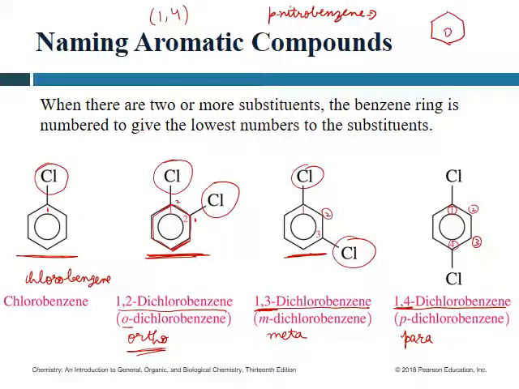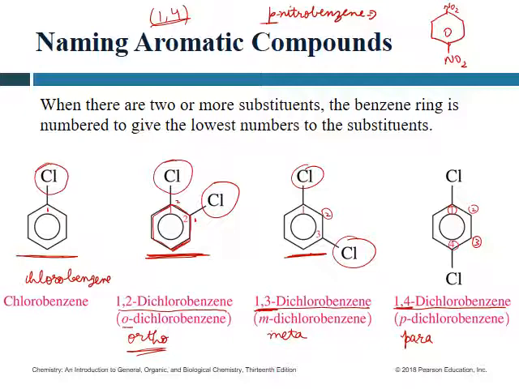And where is the nitro located? One is on carbon number 1. The second one is on, if this is 1, 2, 3, 4, it is 4. So this would be para-nitrobenzene. Instead of giving the numbers, you could simply be given the common name, which is ortho, meta, para. Ortho is 1, 2, meta is 1, 3, para is 1, 4.